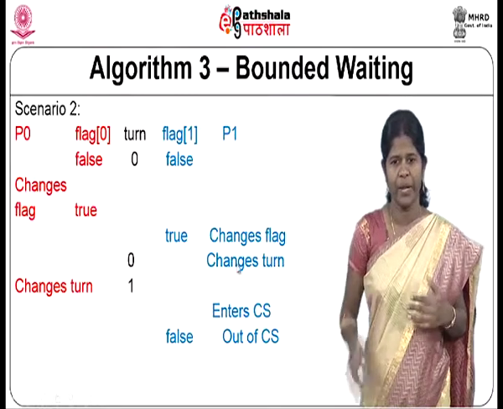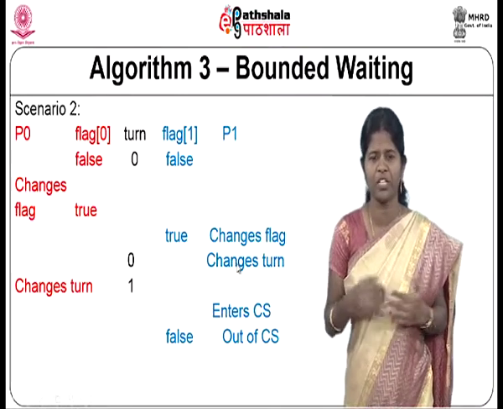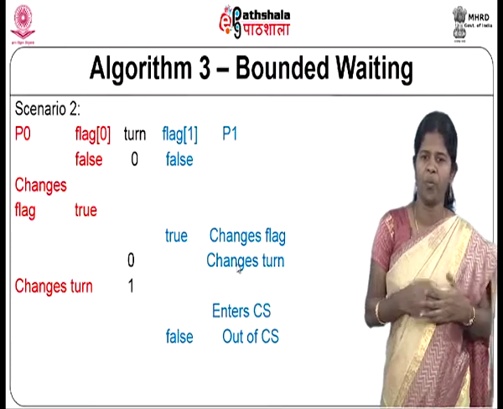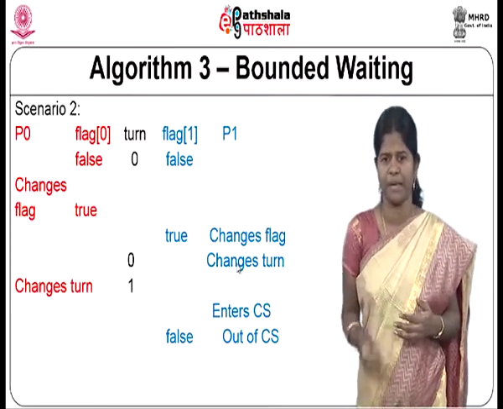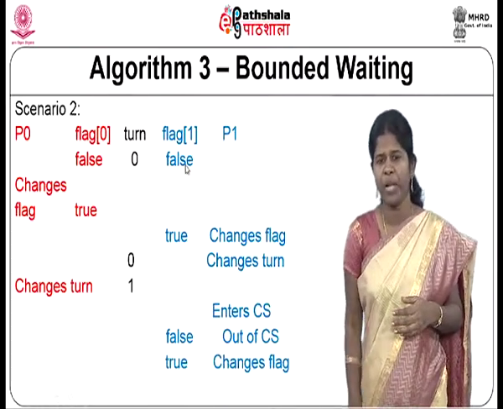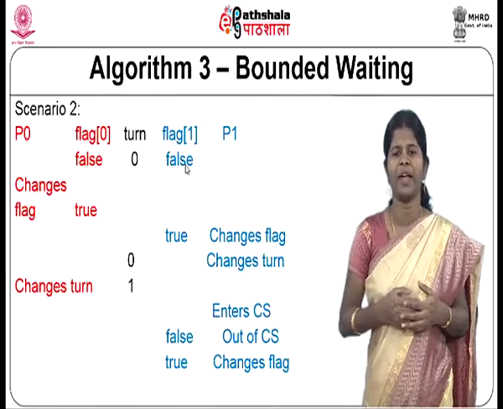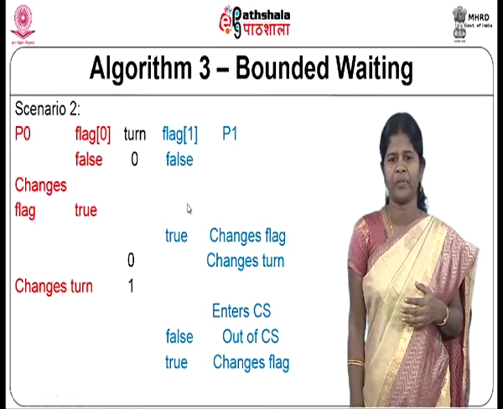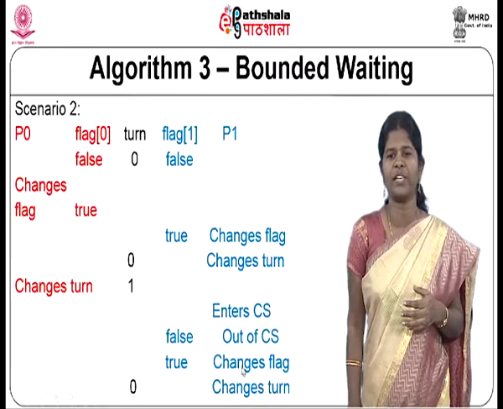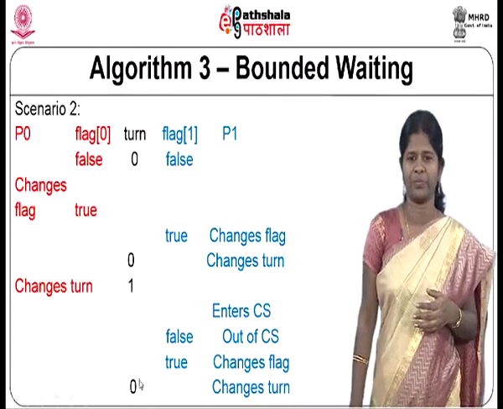Now, say P1 continues to use the CPU, there is no context switch and P1 wants to enter critical section the second time. So, P1 changes flag of 1 to true and it tries to enter critical section. And what does it do? It tries to change the value of turn equal to 0.